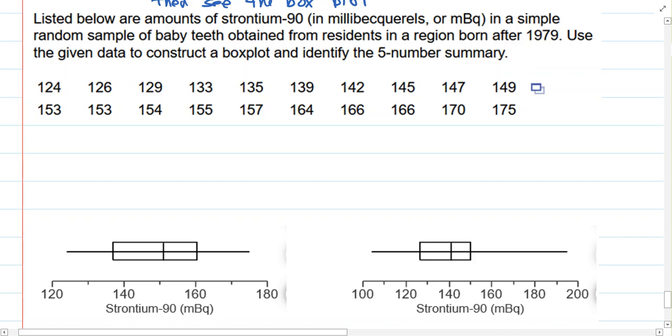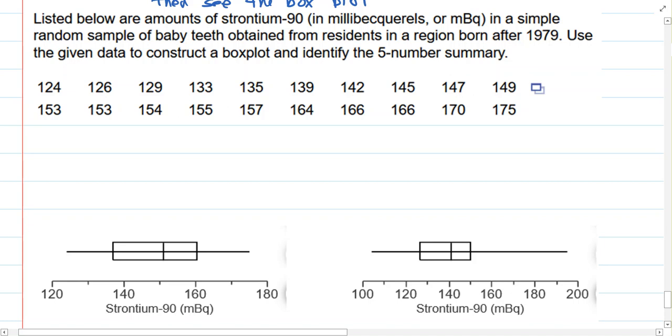Listed below are amounts of strontium 90 in millibecquerels, MBq, in a simple random sample of baby teeth obtained from residents in a region born after 1979. Use the given data to construct a box plot and identify the 5-number summary.